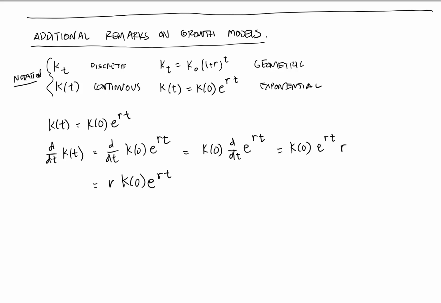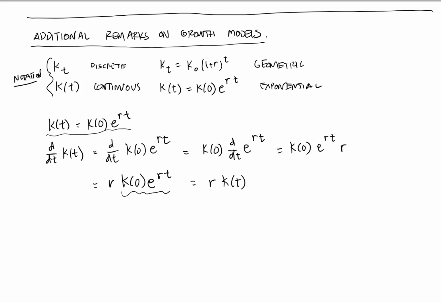And now we look at this and we say, k0 e to the rt, where have we seen anything like that before? And we say, oh yeah, we saw that right there. So obviously we're going to do this substitution, and that means that this equals r times k of t.